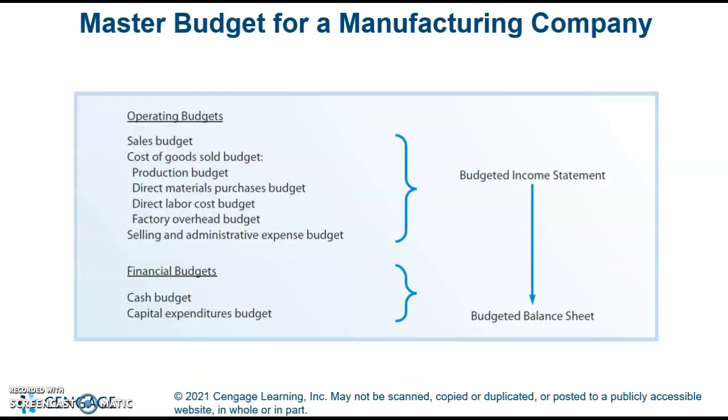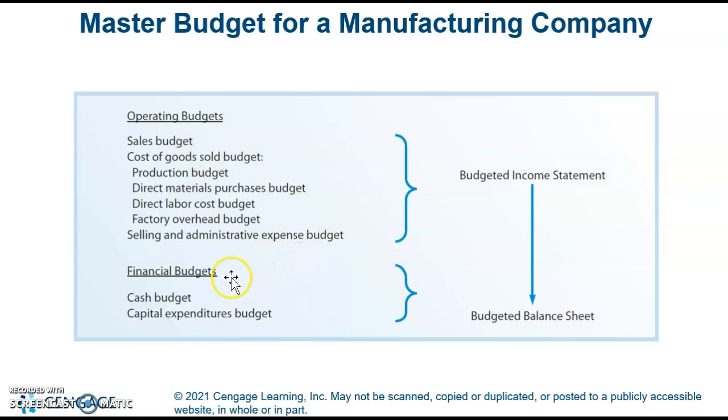Here's an example of what makes up a master budget from a manufacturing company. The first thing we need to know is, what do we expect our sales to be? Then based on that, what our cost of goods sold will be, which is production budget, direct materials, direct labor, factory overhead, and selling and administrative expenses. So we have to go in that order because each of those pieces feeds into the next budget.